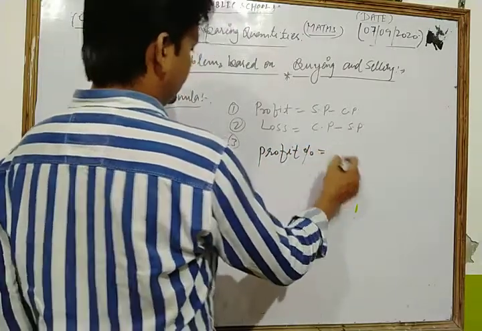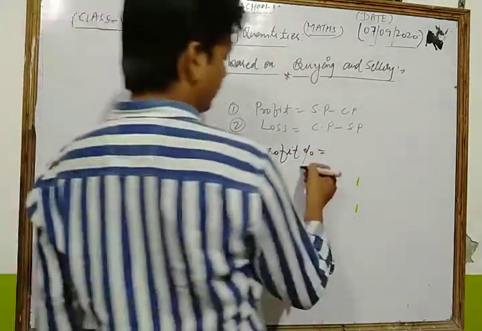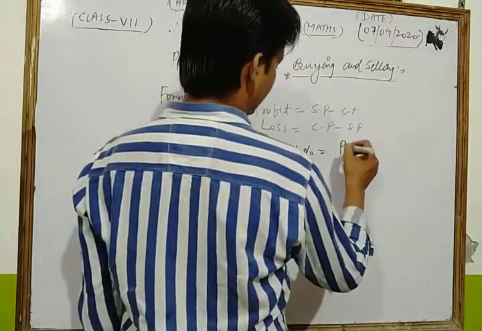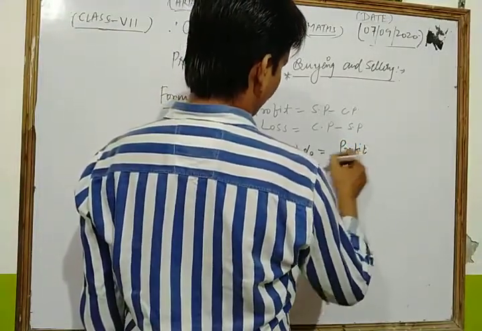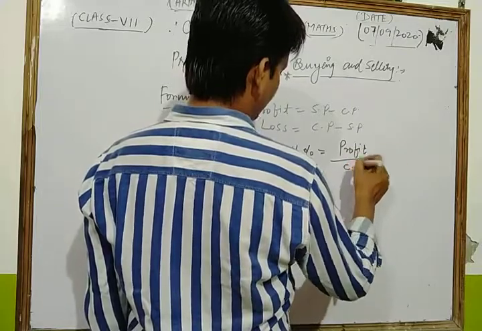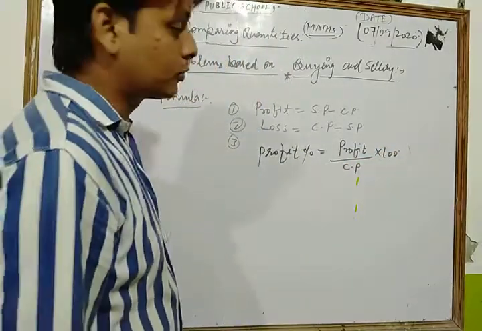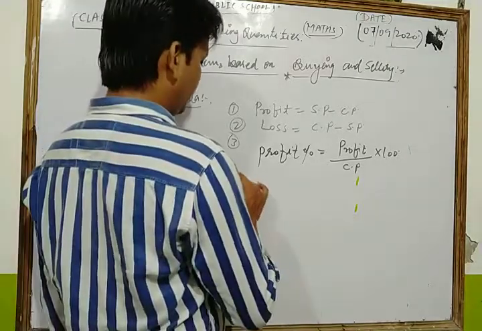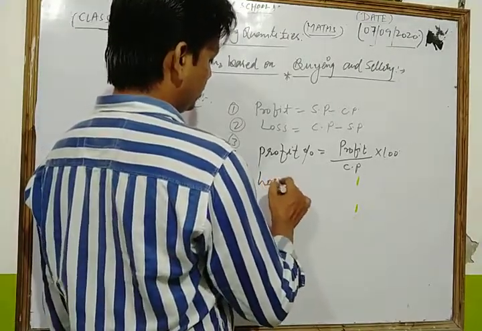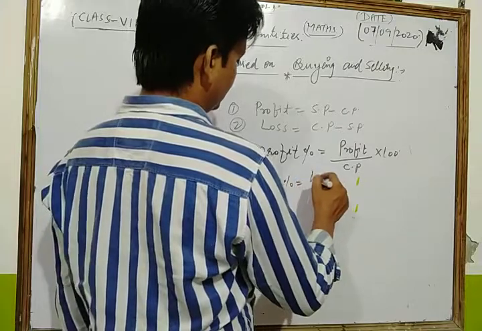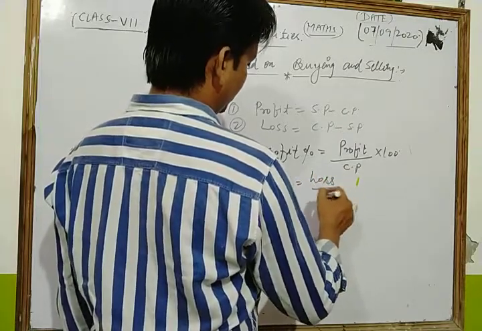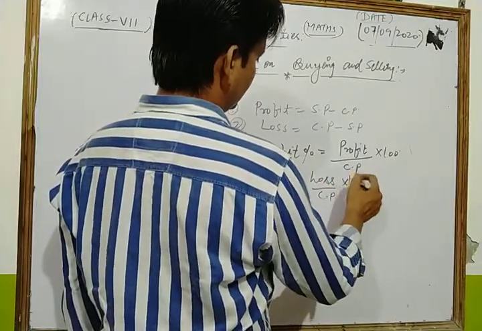Dear student, the formula for the profit percent is profit upon cost price into 100. And the formula for loss percent is loss upon cost price into 100.